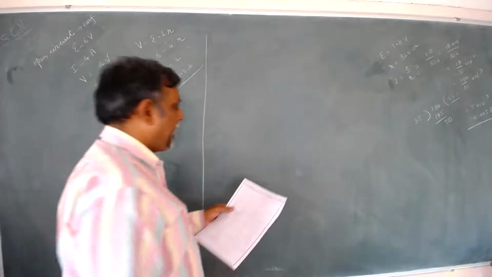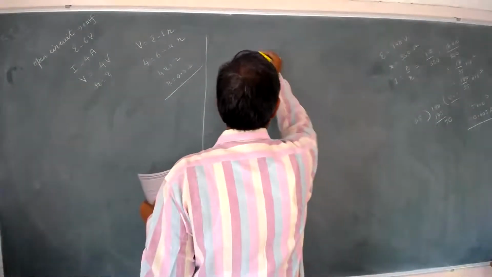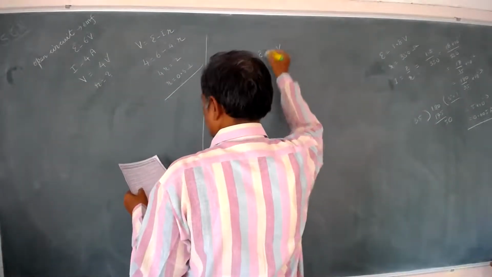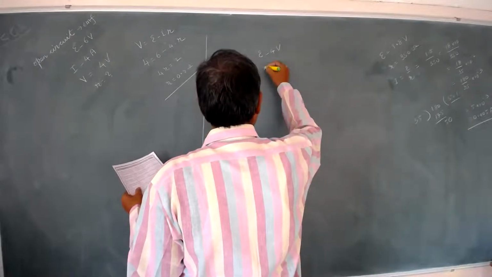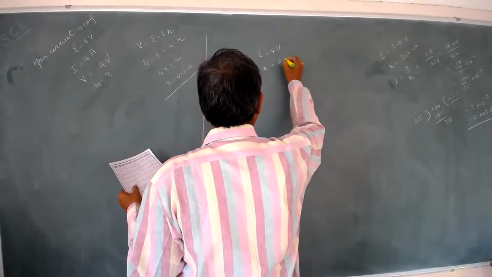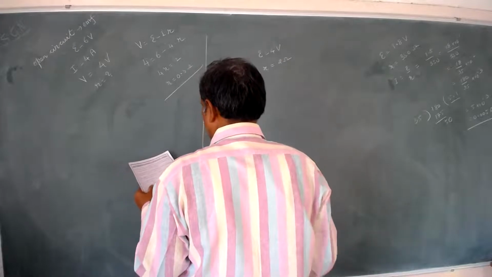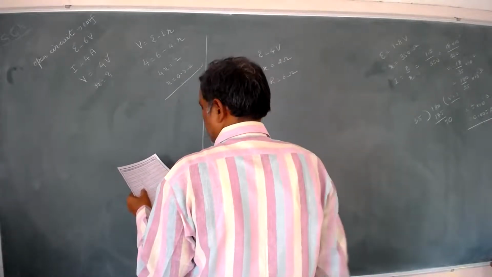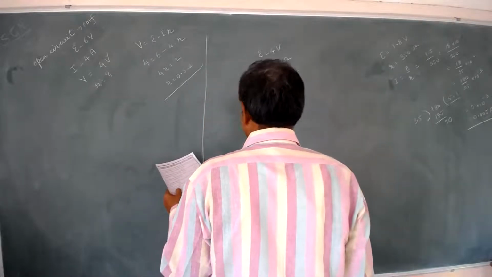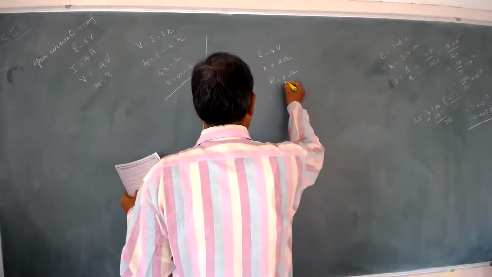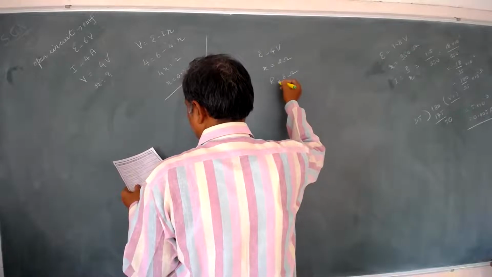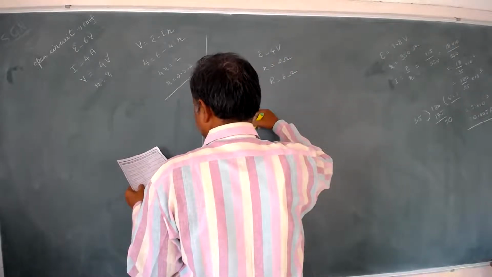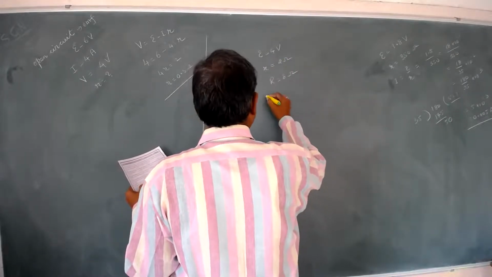So a battery of EMF 4 volts, internal resistance r is equal to 2 ohm, is joined to a resistor of 8 ohm.